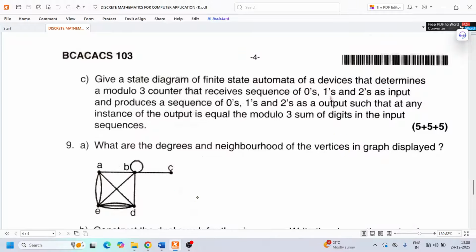Let me take one other number, say 65. Let me divide it by 3. When I divide it by 3, what am I going to get?